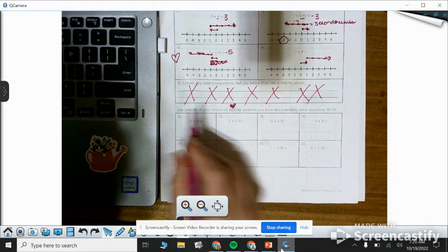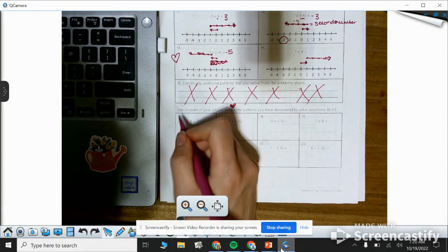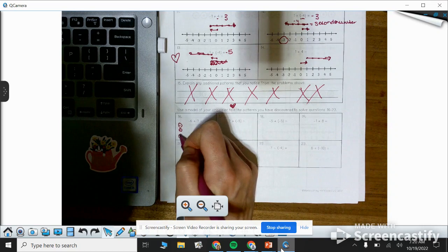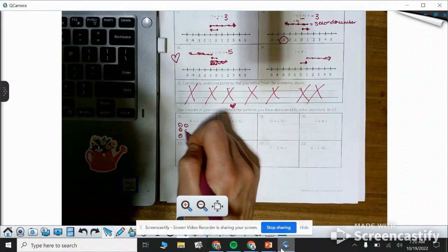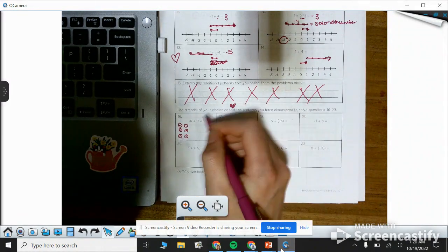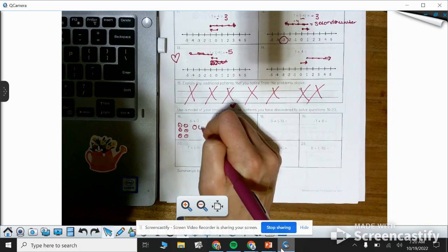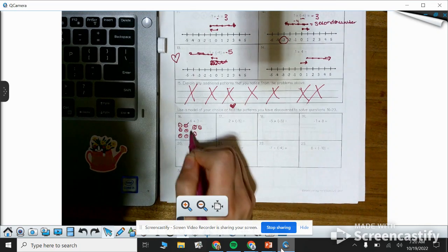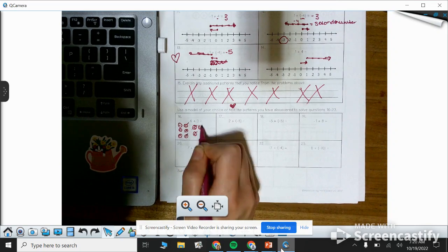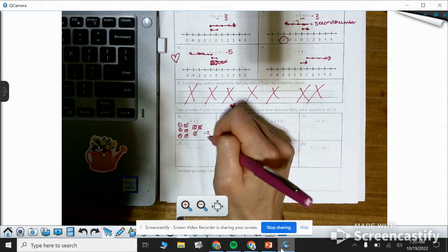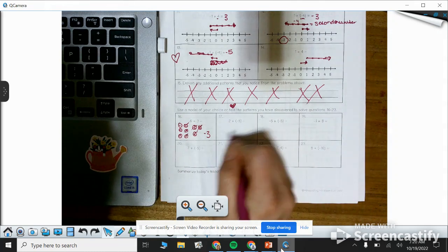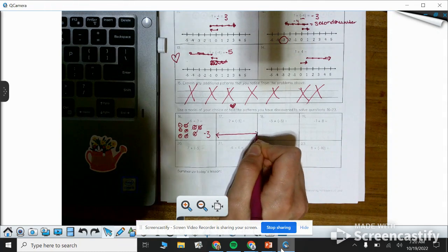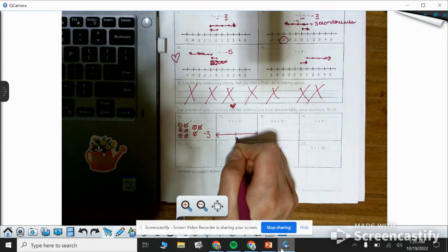So -6 plus 3. I'm a huge fan of the chips. So -1, -2, -3, -4, -5, -6, and a +3. Cancel out my 0 pairs, and I'm left with -3. If I was to do this one on a number line, start with 0 in the middle.